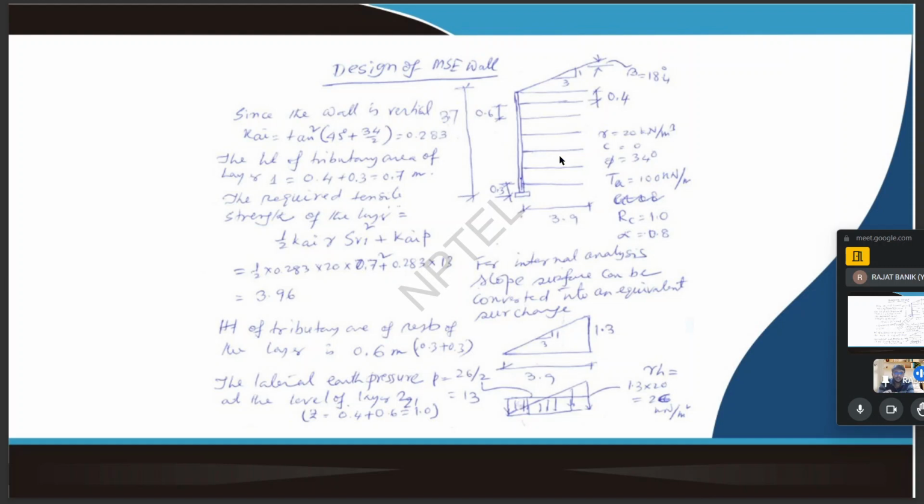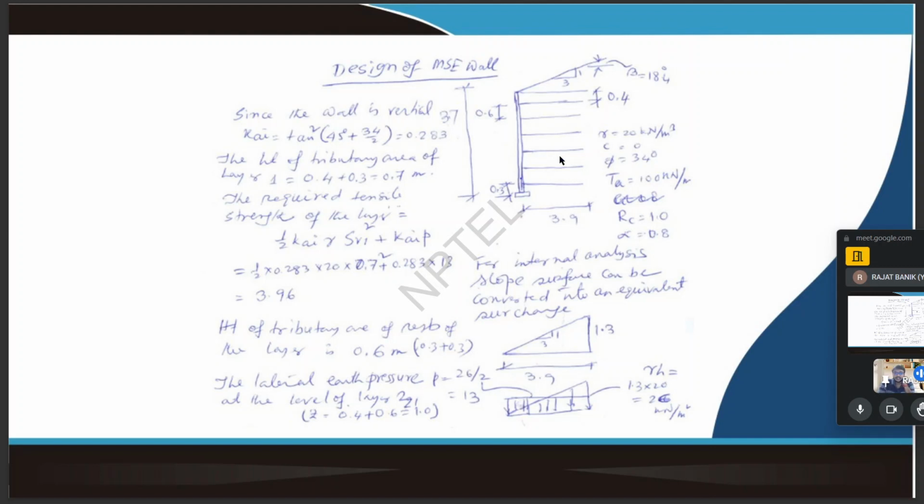The spacing between the reinforcement is given as 0.6, so we divide by 2 and get 0.3. And for the top layer, the spacing between the material and soil is given as 0.4. So we add these two and get the height of the top layer, 0.7.